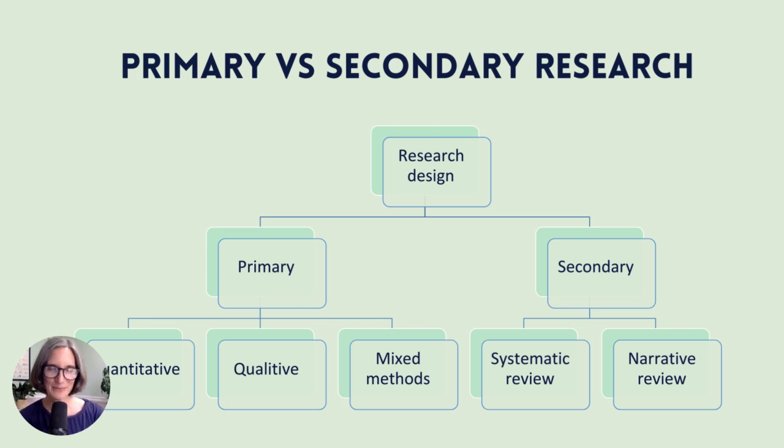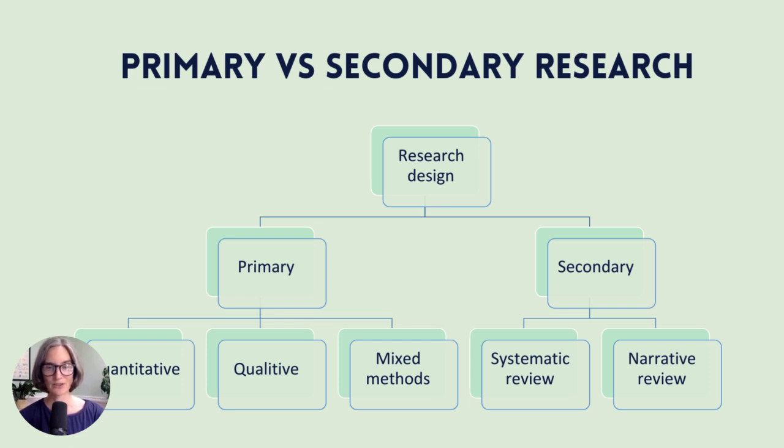So I like pictures. I understand things way better when I see pictures. So I'm going to mention these terms again: primary and secondary research. When you're thinking about your design, you're trying to work out, okay, am I going to do primary research or am I going to do secondary research? So with primary research, you're thinking, is it a quantitative design? Is it qualitative, or is it mixed methods? And then you're going to go and collect the data yourself.